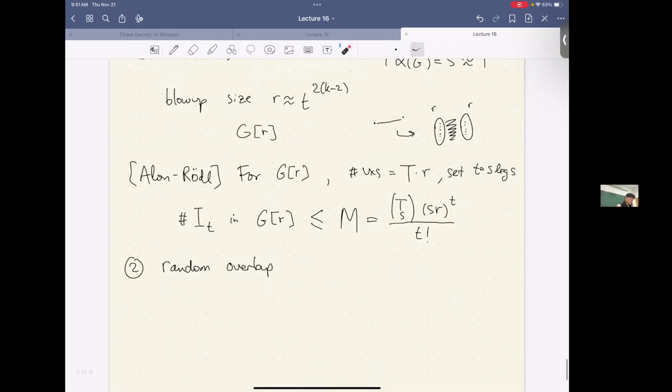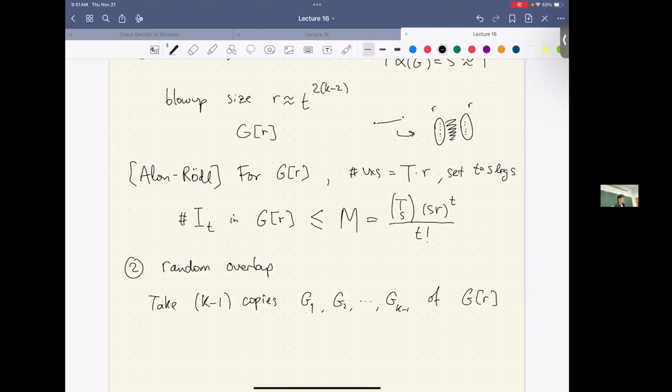We are now going to take k-1 copies of this blown-up graph G_R, call them G1, G2, up to G_{k-1}. Now, for all these copies, we're going to randomly permute their vertices and then put them on the same vertex set.